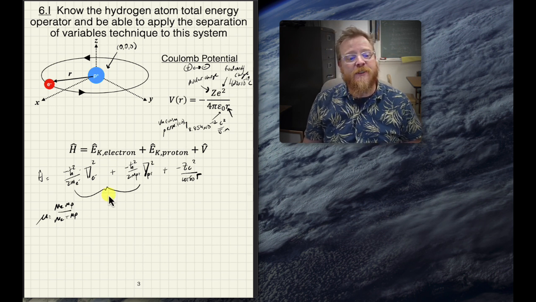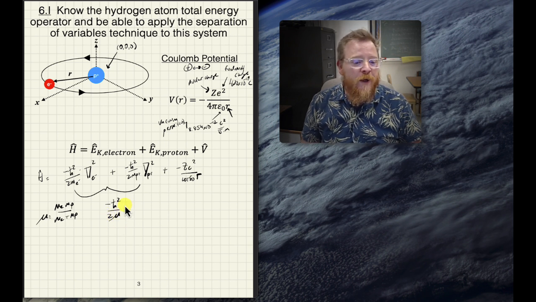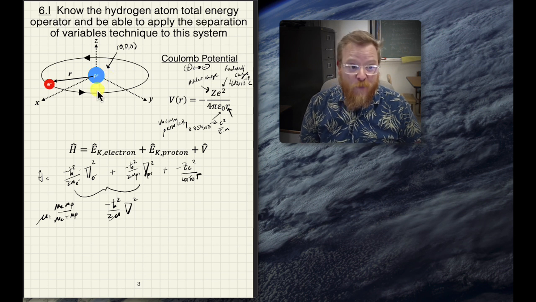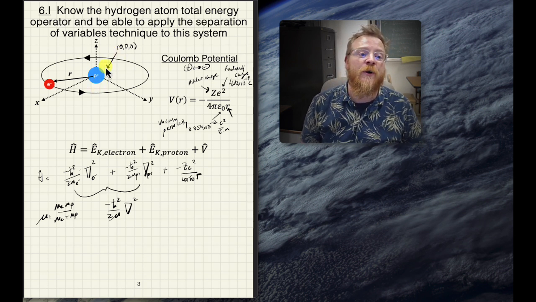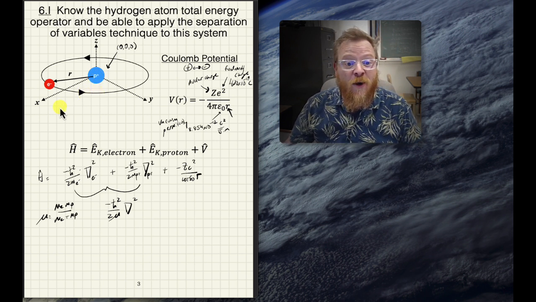So that allows us to combine this into one term, which will be negative h bar squared over 2 mu times our Laplacian of this particle on a sphere system, where the origin is the position of our proton. Okay, so that is our operator.